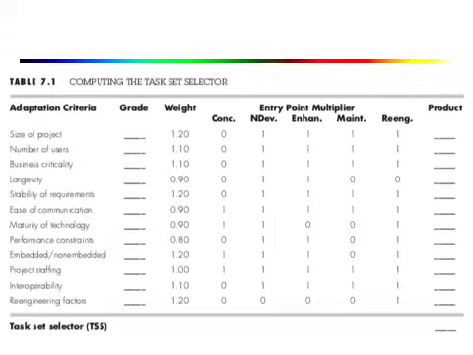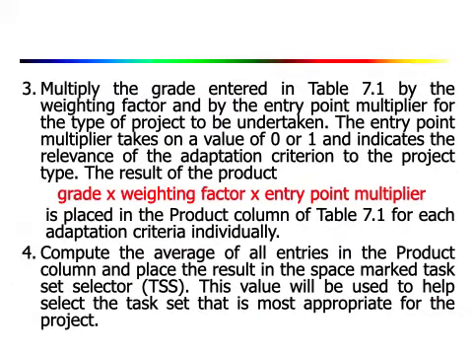Okay, so these values actually show the importance of a particular adaptation criteria to the type of software developed within the local environment, and sometimes modifications will be required. If some modifications are required based on the local circumstances, then that should be made on this table.